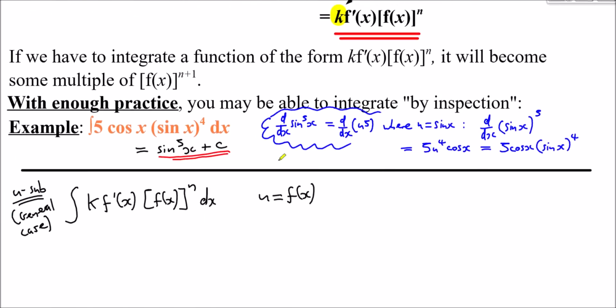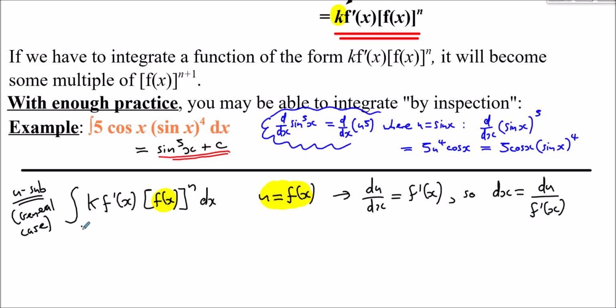So if we do that, set u to be f of x, then of course we can differentiate that with respect to x. So du by dx, generally speaking, is of course f dashed of x. So times by dx, divide by f dashed. So we can say that dx is the same as du divided by f dashed x.